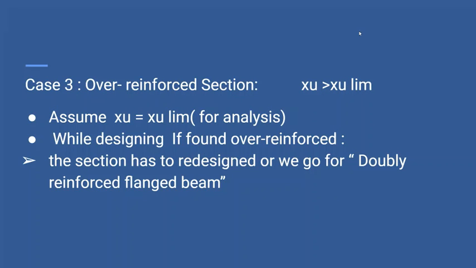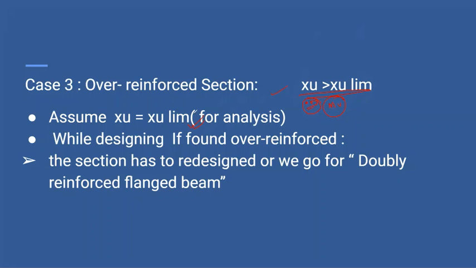Now, what I mean by this, the first part कि अगर XU limit से greater हो गया, obviously it is over reinforced. And for analysis you use XU equals XU limit. That means किसी situation में आप लोग को neutral axis वगैरह find करना होगा, और there will be some terms की moment of resistance पे they ask.